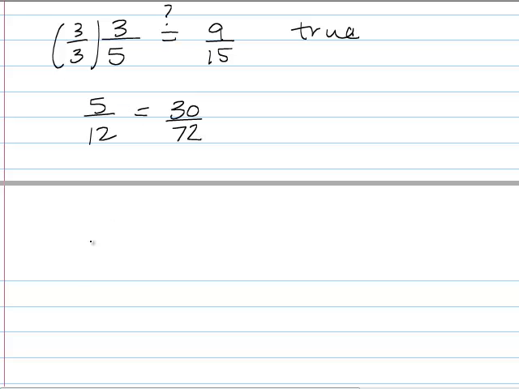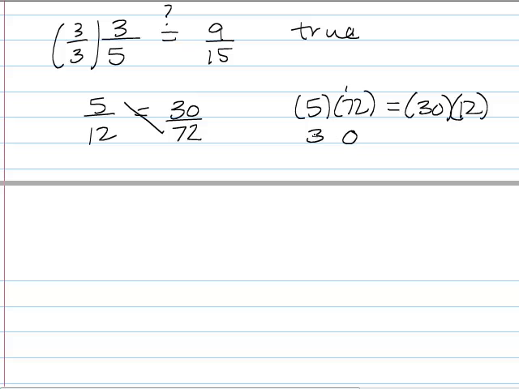So we take 5 and we multiply it by 72, 5 times 72, and we see, is that equal to, the same amount as, 30 multiplied by 12. So 5 times 72, we take 5 times 2, that's 10, we carry our 1, 5 times 7 is 35, plus 1 is 36, so 360, and on this side I have 12 times 30.